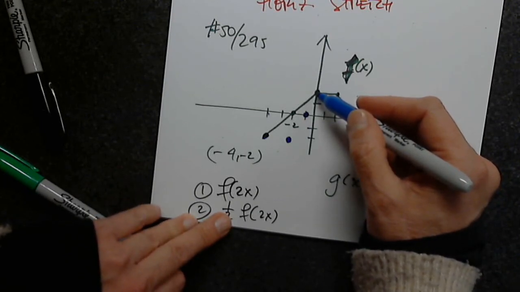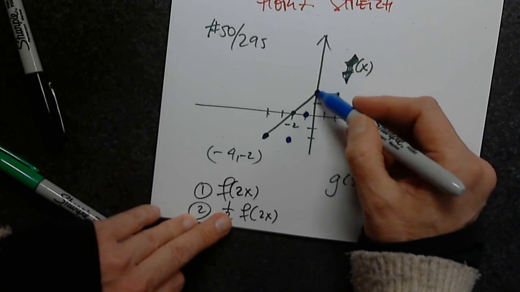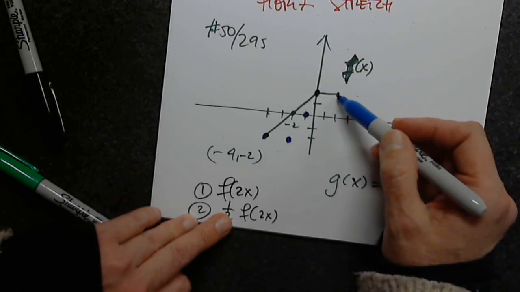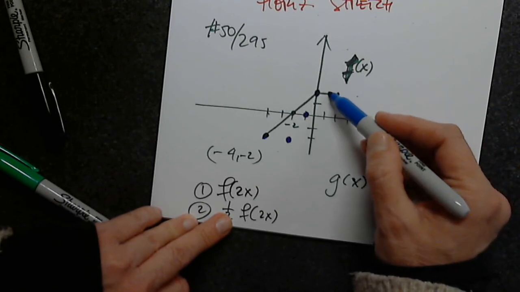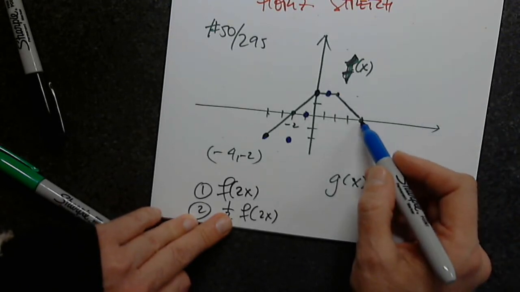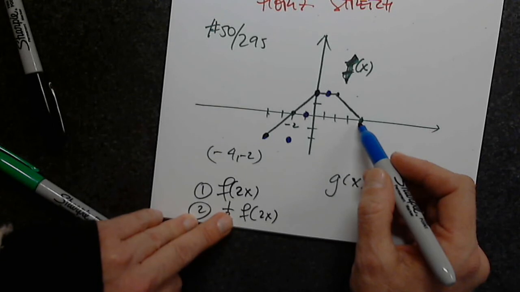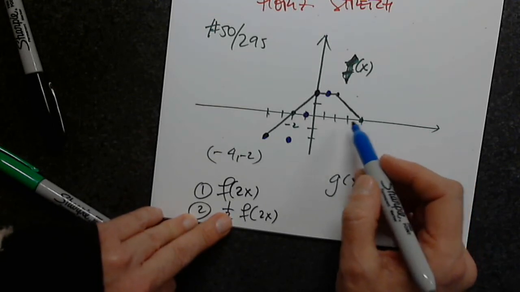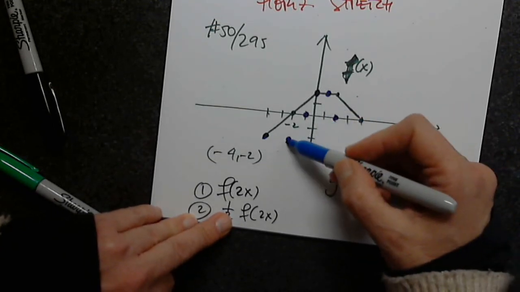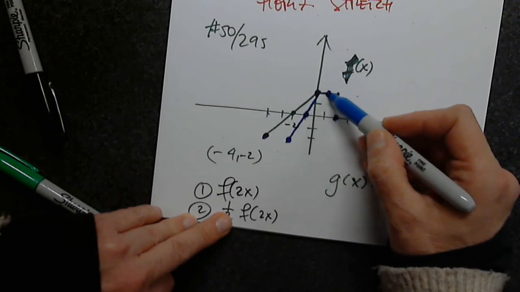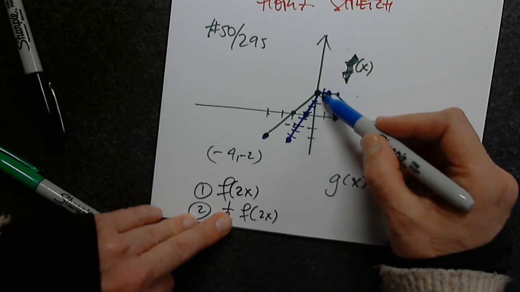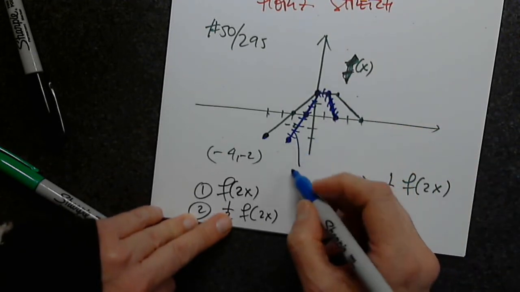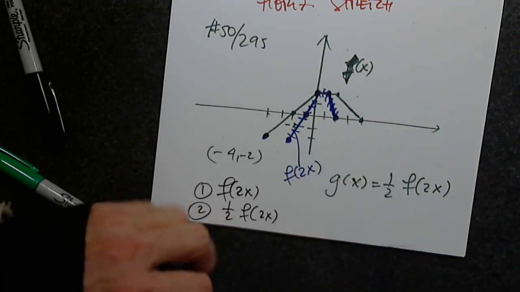Divide the 0 by 2. Good. This point has x equals 2. Divide the 2 by 2. This point has x equals 4. Divide its x by 2. Here is the graph. This is the graph of f of twice x.